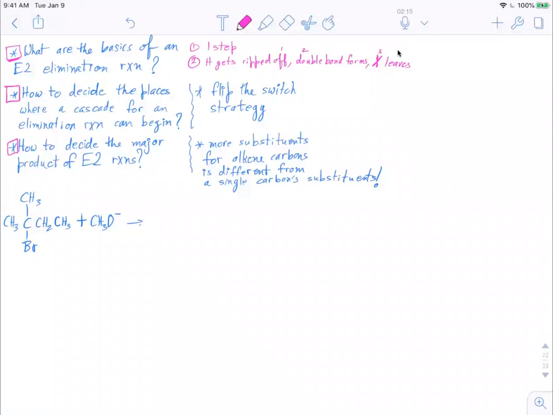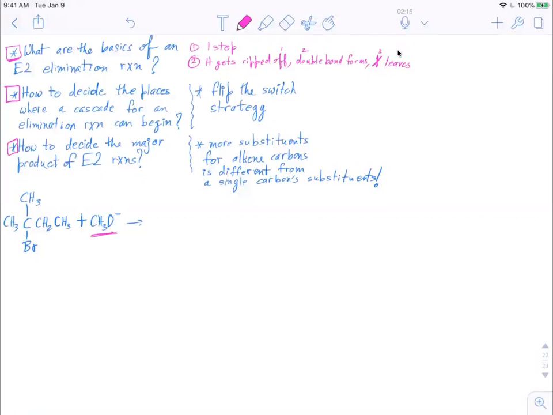All right, let's have a look at another E2 elimination reaction and try to work through it. Let's cover the basics. What are the basics of an E2 elimination reaction? A strong base, which is charged and wants a hydrogen, will rip off a hydrogen from an unsuspecting molecule.